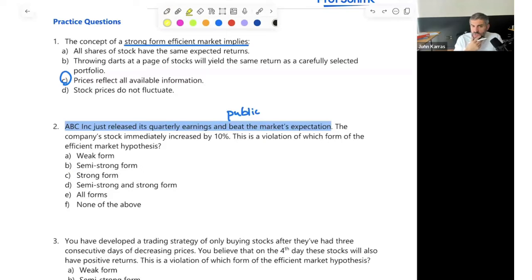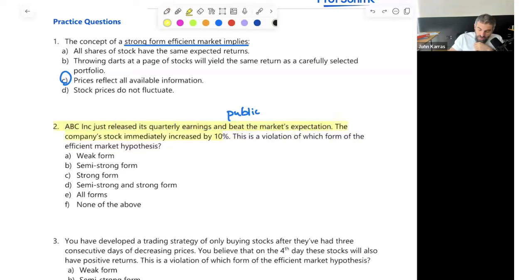Yes or no? Is the information reflected in the price? If you don't know what that means, word it differently in your heads. Has the price of the stock reacted to the information? Yes. It has, right? They told us that it increased by 10%.